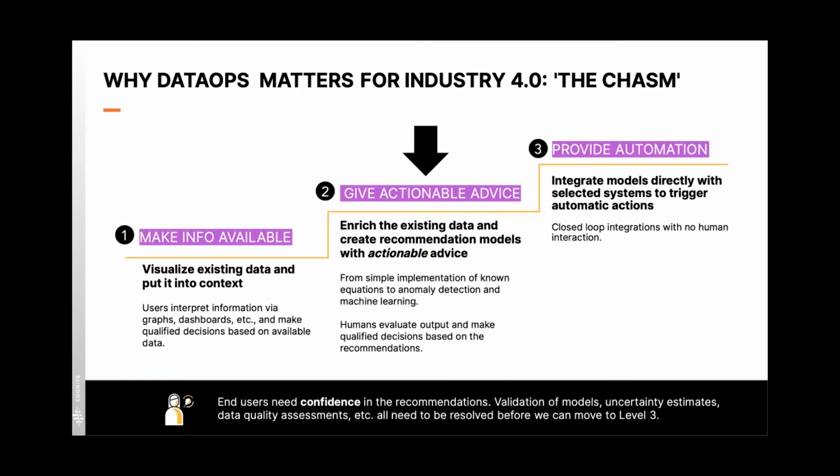So the argument is that we need to really focus on the data operations challenge that we have at the second step before we reach out to the third one, which of course will provide us with even more value and cost savings. But we cannot jump to level 3 before we have sufficiently addressed the foundational issues at level 2. And it really comes down to validation of all the models, providing uncertainty estimates, data quality assessments, and all of these need to be resolved before we can move to level 3.